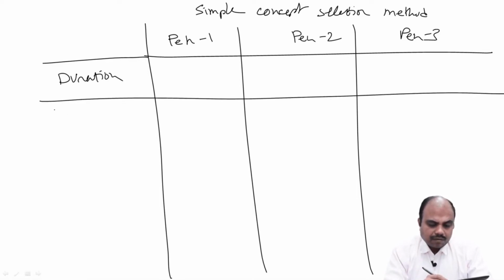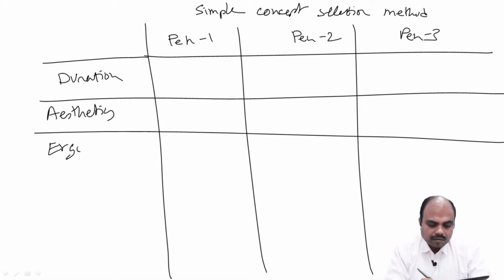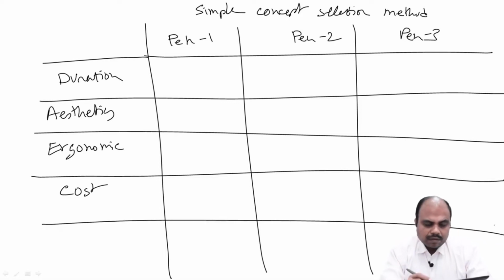Second is aesthetics, then ergonomics, and then maybe cost. For duration, pen number 3 you can write really long, so we give a plus. Pen number 2 is a little less. Pen number 1 is not much, so we don't give anything.